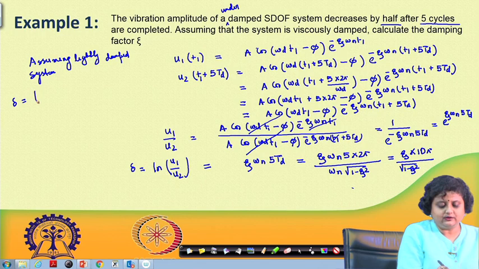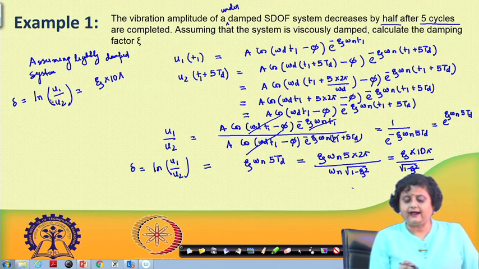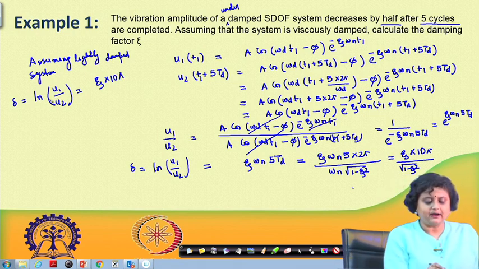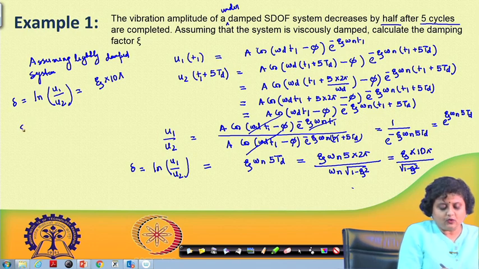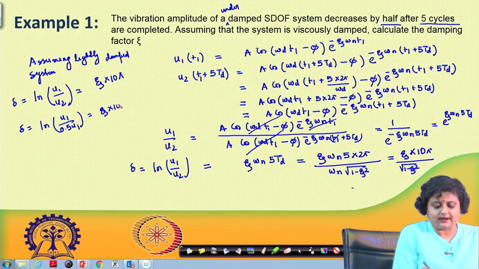delta, which is equal to ln u1 by u2 in this particular case, can be written as zeta into 10 pi. Okay. Now, it is said that u2 is nothing but 0.5 of u1. So, my delta is ln of u1 by 0.5 u1, because it has become half, and that is equal to zeta into 10 pi.